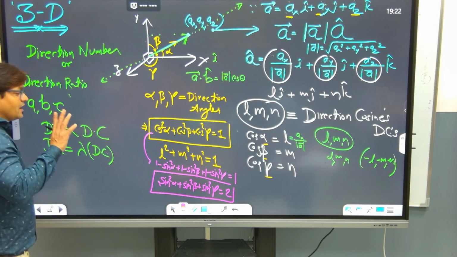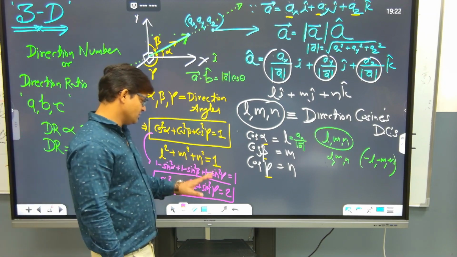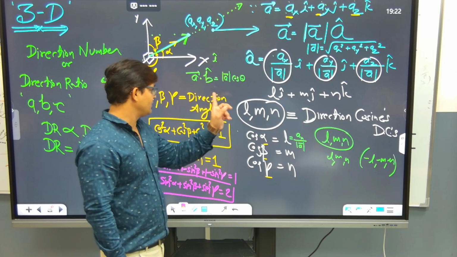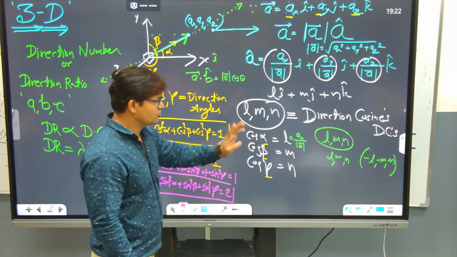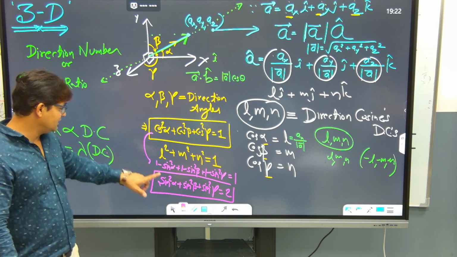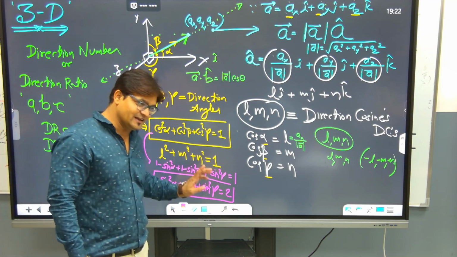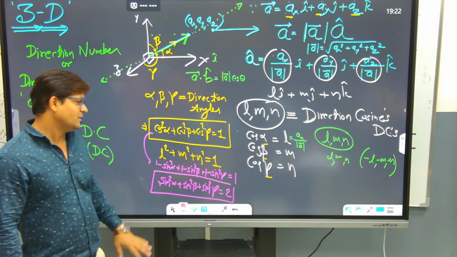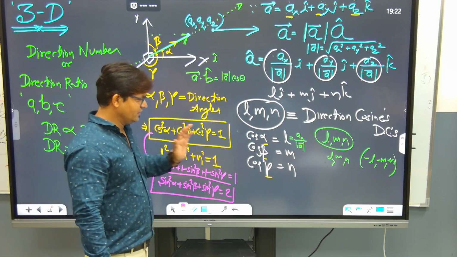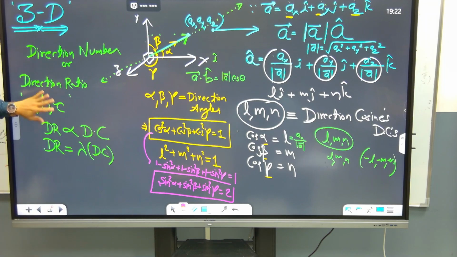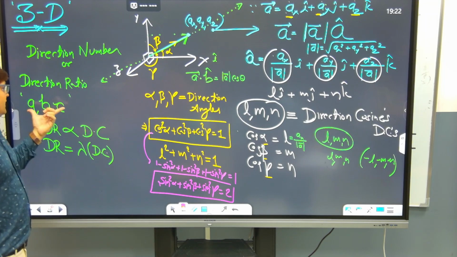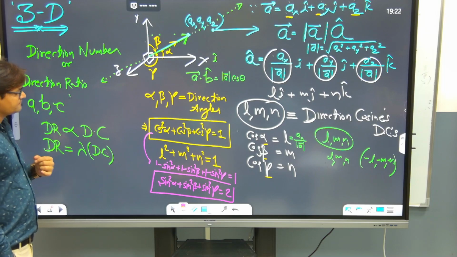Where alpha, beta, gamma are our direction angles, while cos alpha, cos beta, cos gamma are direction cosines. We can even say sin alpha, sin beta, sin gamma are direction sines, but normally we are not using that term. Only DC, DR for direction numbers. ABC, we can find the value of ABC by using this.